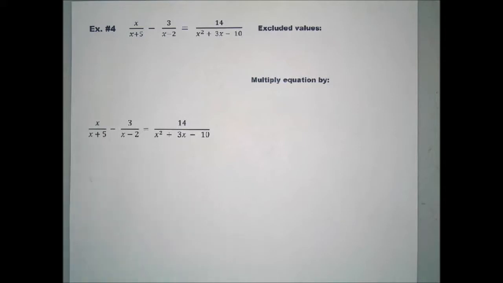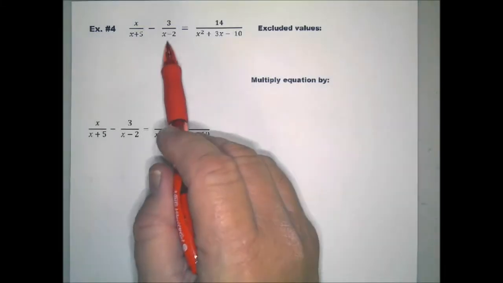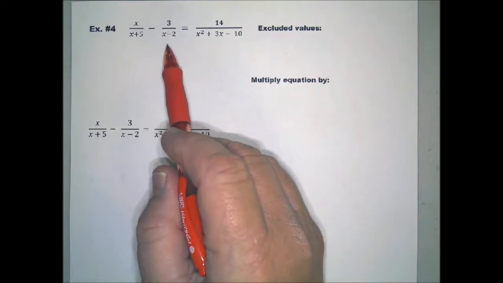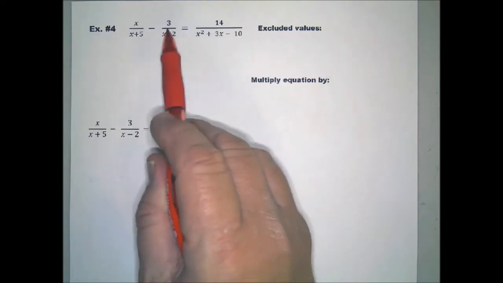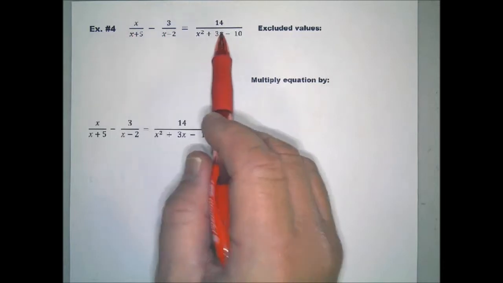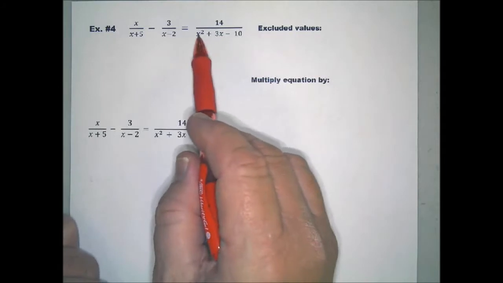Example 4 is similar to example 3, and there are quite a few problems on worksheet 4 that go like this. This is one of those problems I can't get away with simply cross-multiplying, because here's the equal sign, and there are two fractions on the left, and there's only one on the right. So, I need to look at that denominator for a second.